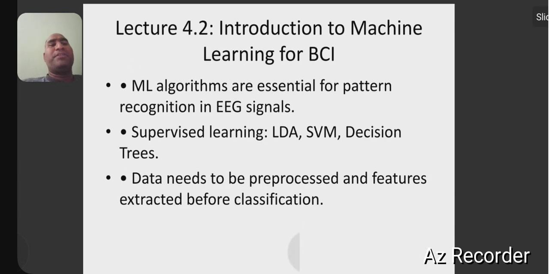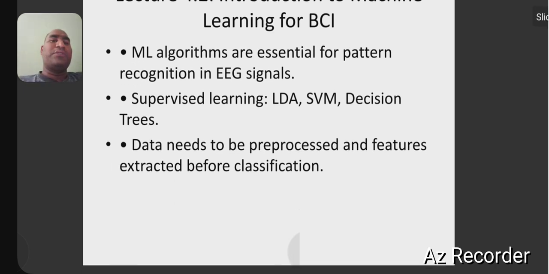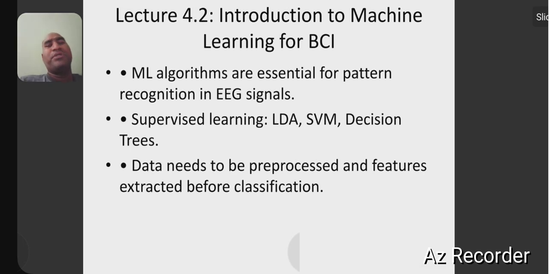And now the introduction to machine learning for BCI. Machine learning algorithms are essential for pattern recognition in EEG signals, and there are supervised learning techniques. Majorly we will see the LDA technique, SVM technique and decision tree, which are the major supervised learning ML algorithms we will use.